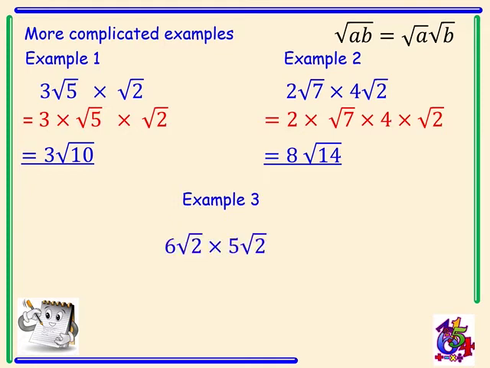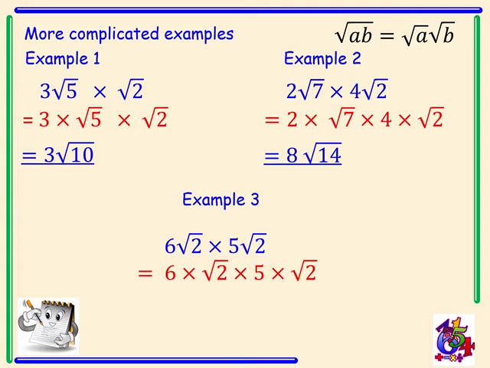Example 3. We've got 6 root 2 times 5 root 2. So here we can rewrite that as 6 times root 2 times 5 times root 2. Now let's deal with the 6 and the 5 first.